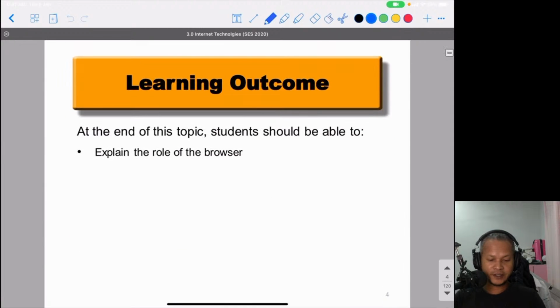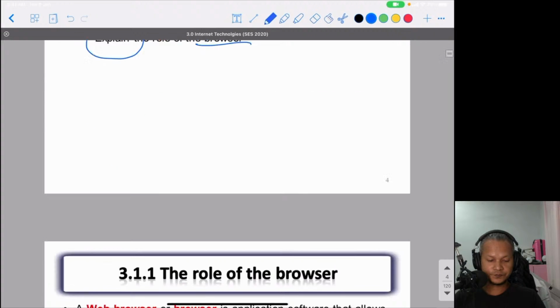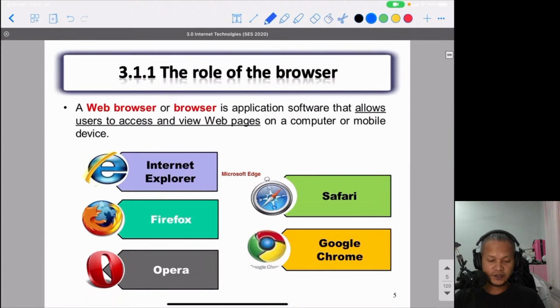So we go through the role of a browser. At the end of the topic, you need to be able to explain the role of a browser. You need to know the function of a web browser. This is an example. No more Internet Explorer, we have Microsoft Edge. So already 10 minutes.